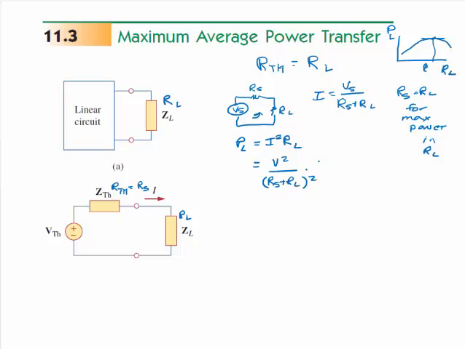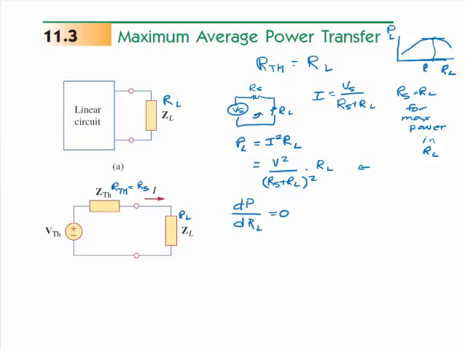squared times RL. That's power in the load, and what we're interested in is that the derivative of power in the load with respect to the load resistor equals 0. This is a plot of the load resistor versus power in the load, and we're interested in when the derivative of this curve is equal to 0.